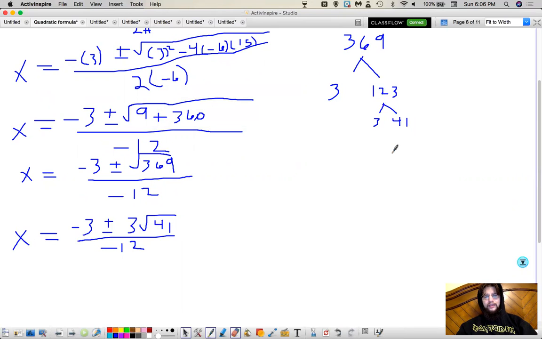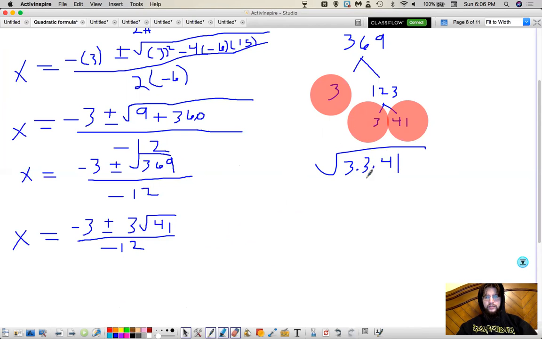And I know for a fact that 41 doesn't break down. So I got 3, 3, and a 41. Square root of 3 times 3 times 41. Got a pair of 3's there.